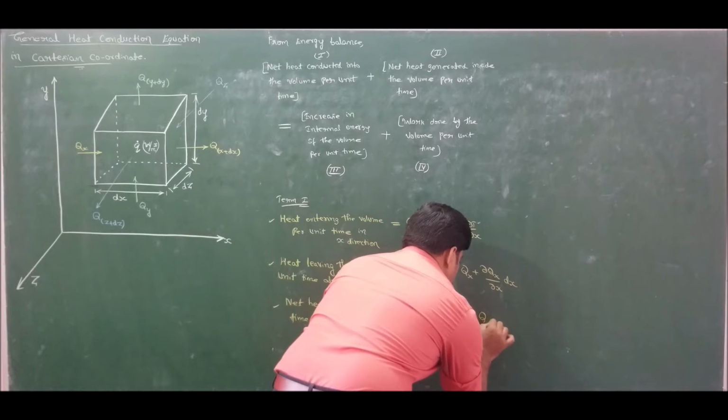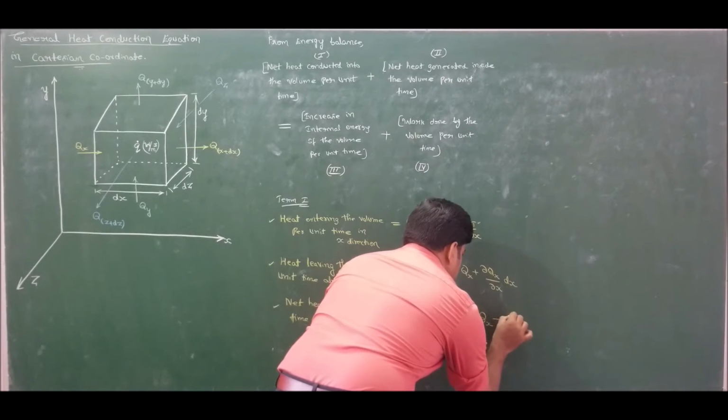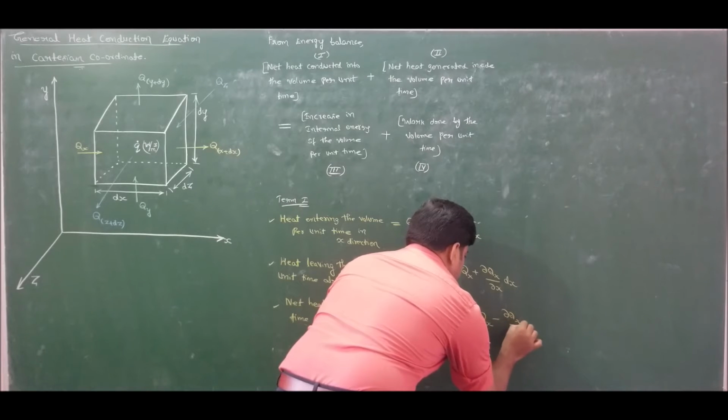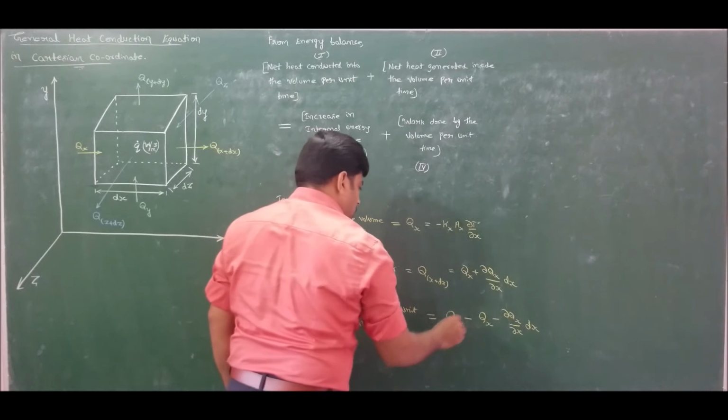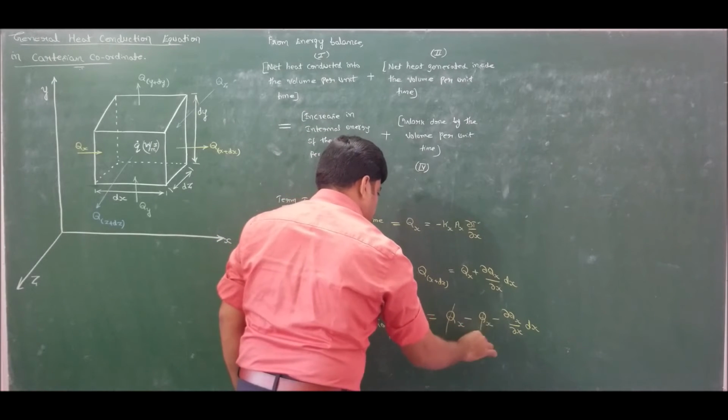Leaving is qx plus dou qx by dou x dx. So I can cancel off qx and qx.